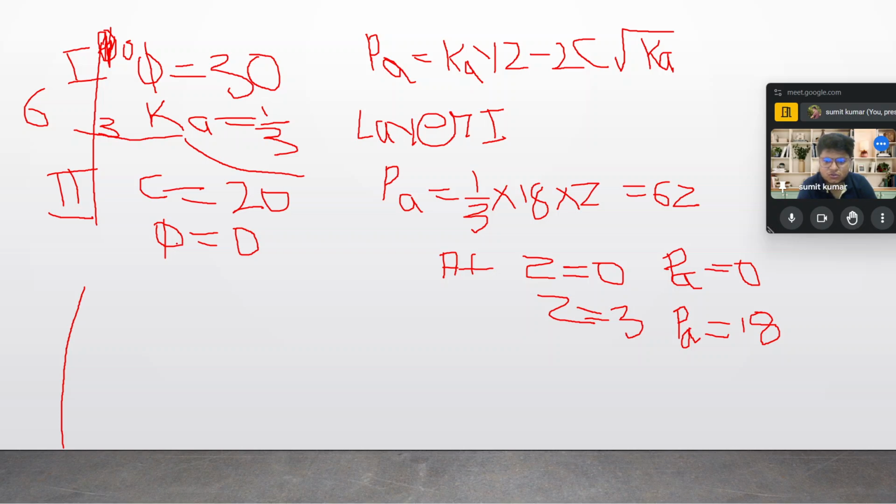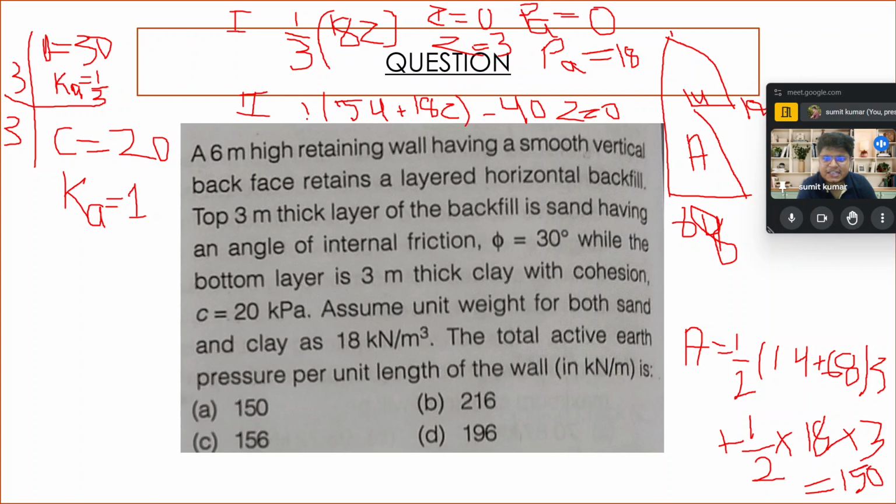So for this layer, when K equal to 1, gamma Z, the first layer unit weight is 18 and depth is 3. So that weight we will consider as a surcharge for the second layer, because over here as well, the value of Z is starting with 0, since we are finding the active earth pressure for the second layer.